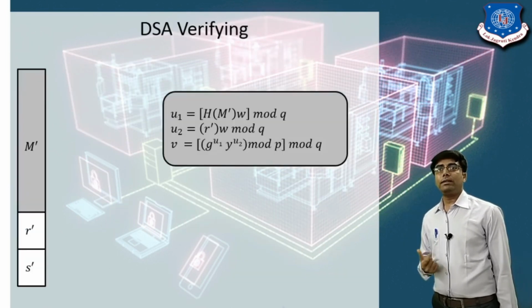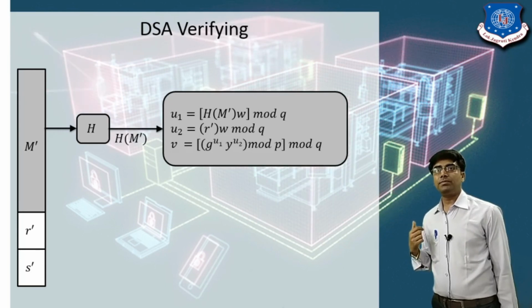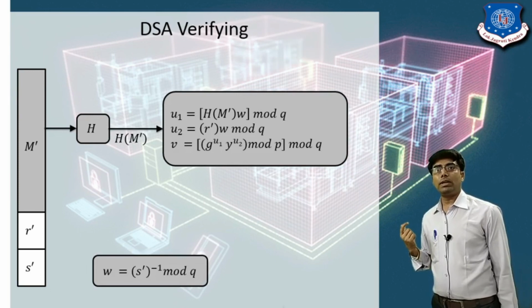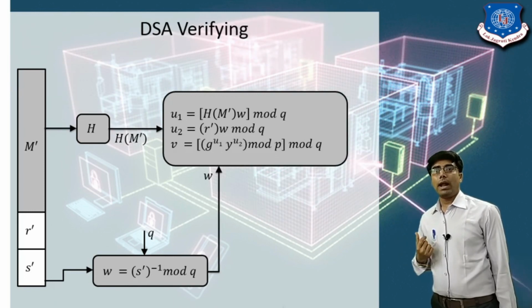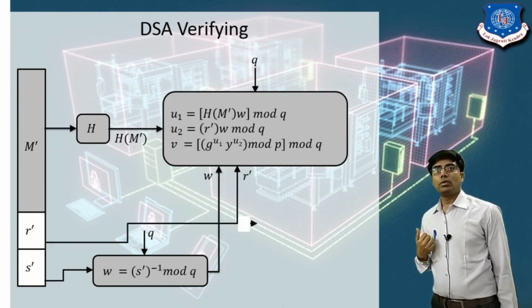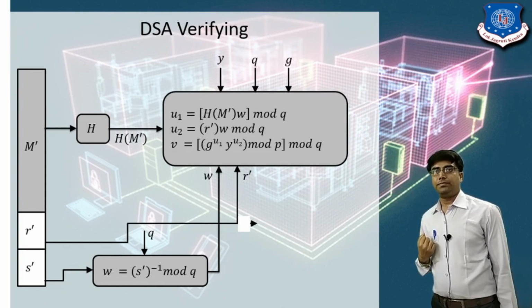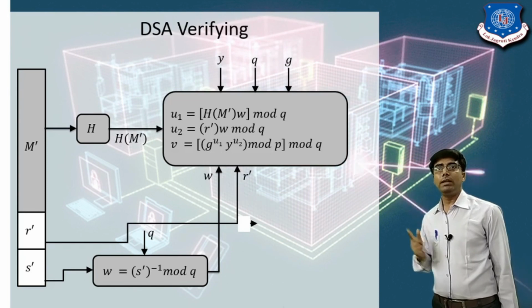Now, how to verify the digital signature. You can see first we have to calculate U1, U2, V and W. Here on M dash we apply the hash function and it is input to U1, where first we apply the hash function on the plain text message and W mod Q. Now we calculate W. S dash is input to W, meaning S dash inverse mod Q, and Q is a global public key component.